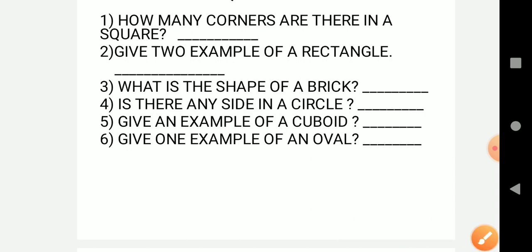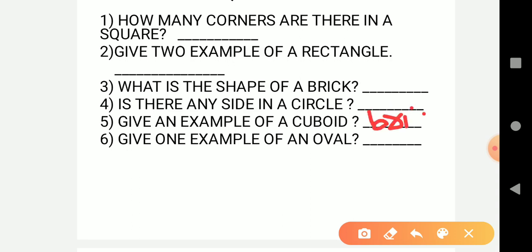Okay, give an example of a cuboid. Cuboid का एक example दीजिए. Cuboid का shape bricks जैसा होता है. So I write here brick. Okay, you find some things around you in a cuboid shape and write their name in the blank.